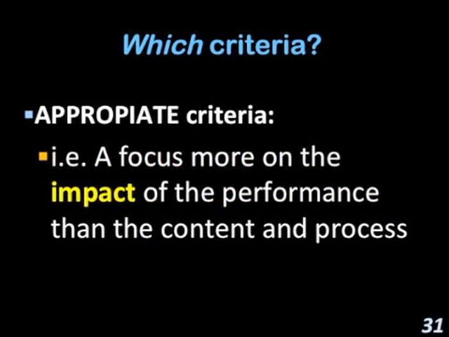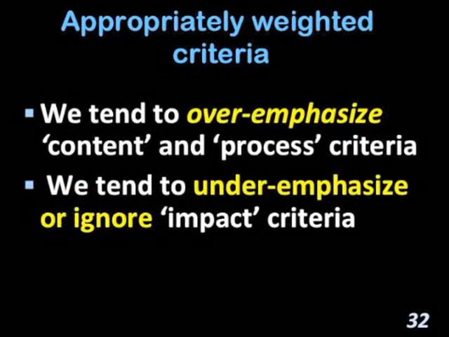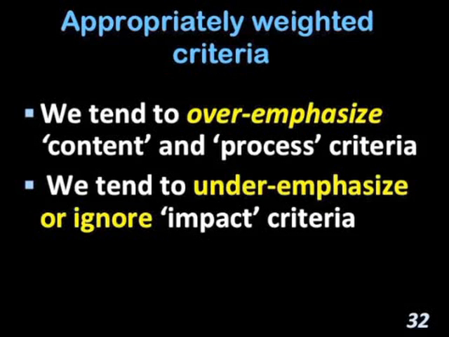And is it weighted as it should be toward the bottom line, what we call the impact of performance? We tend to overemphasize content, process, mechanical, organizational criteria in scoring student work. We tend to underemphasize or even ignore the impact criteria.